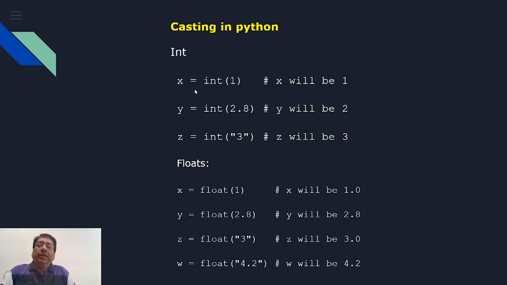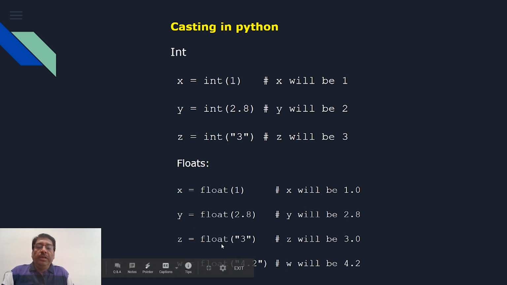As we can convert a data type into integer, we can as well convert a given value into the float data type. How are we going to do that here? You can say float of 1. The result of this will be 1.0. Float of 2.8 will be the same, 2.8. There will not be any change because it is already a float value.